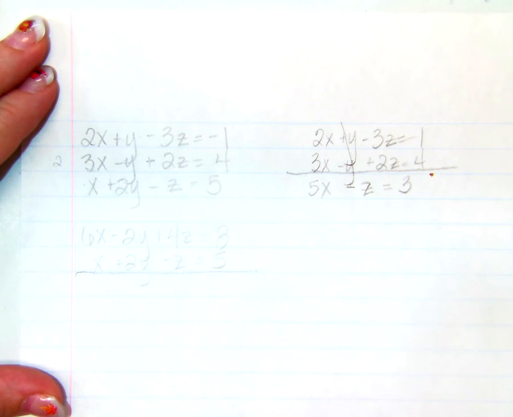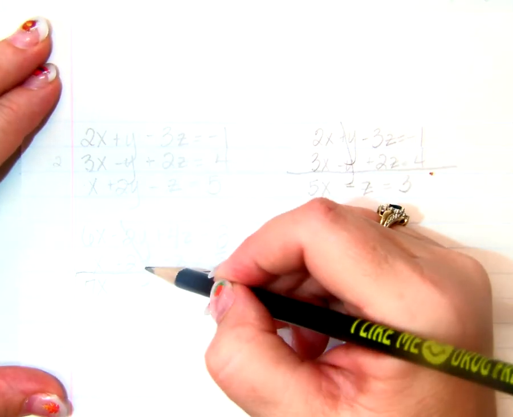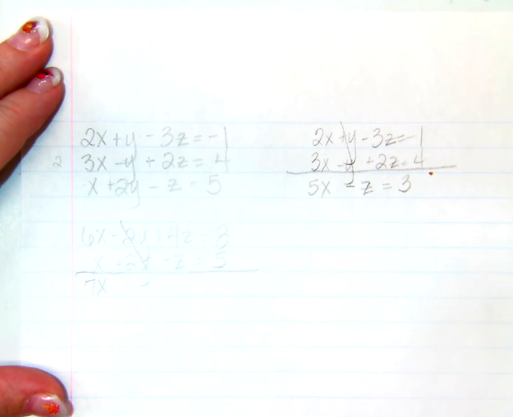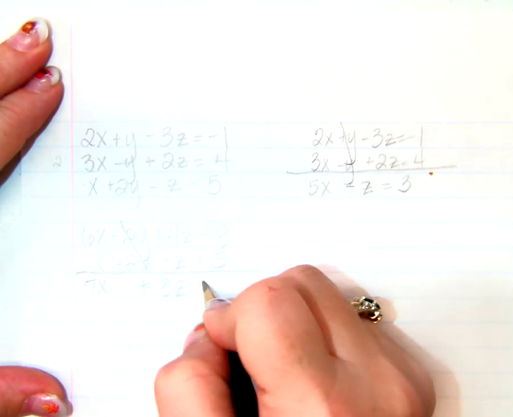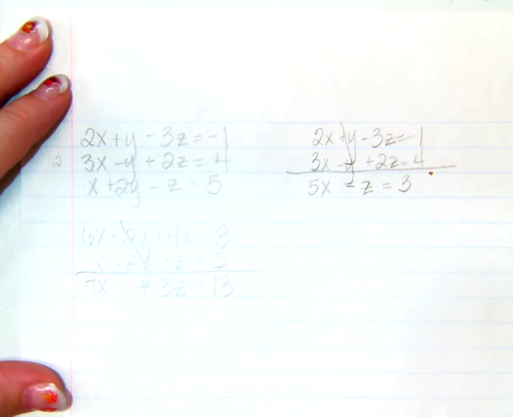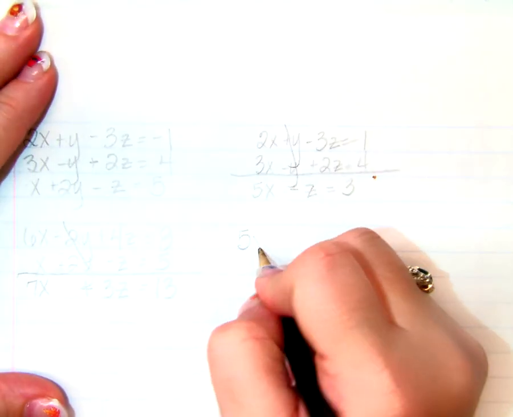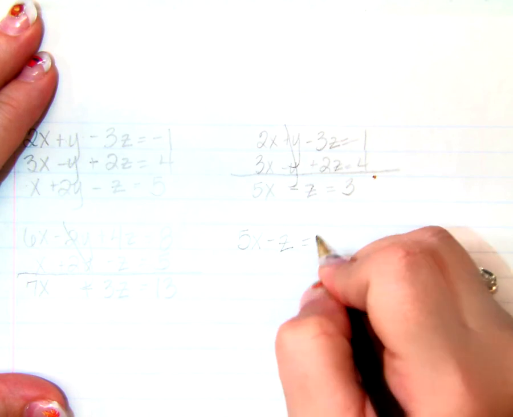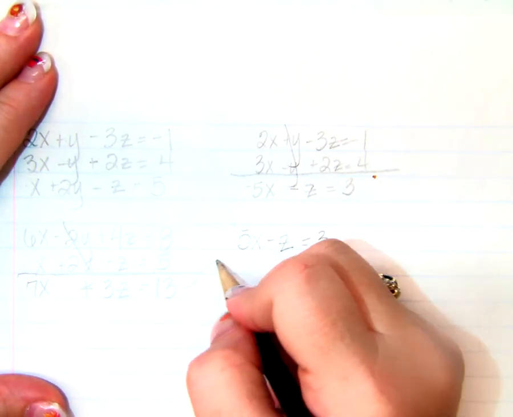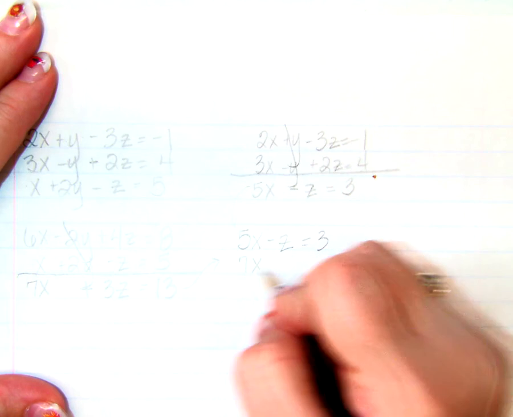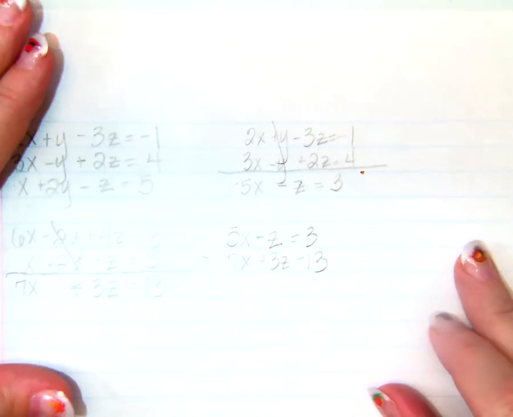Combine these two and I get 7x, 0, plus 3z equals 13, right? So then I have 5x minus z equals 3 from right there. And then I also, from right here, have 7x plus 3z equals 13. What should I try to do now?